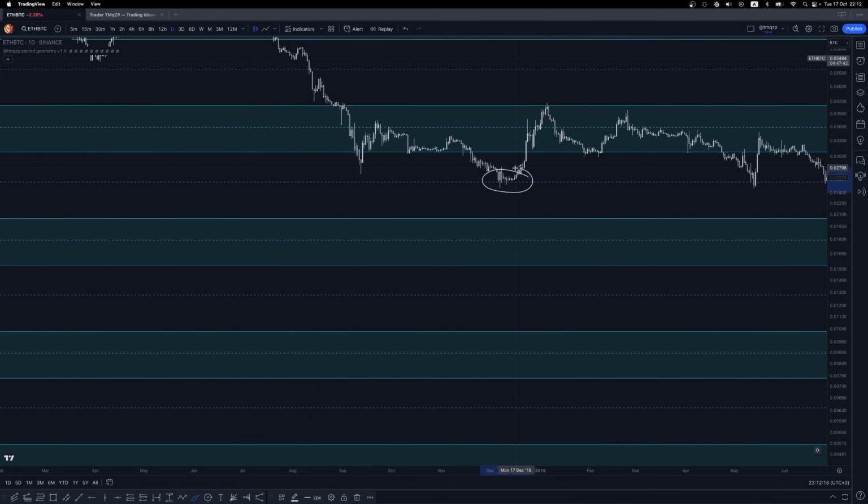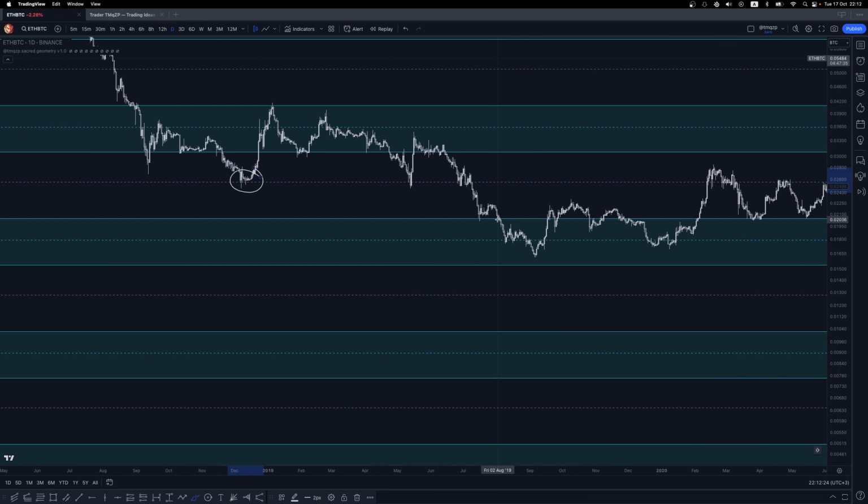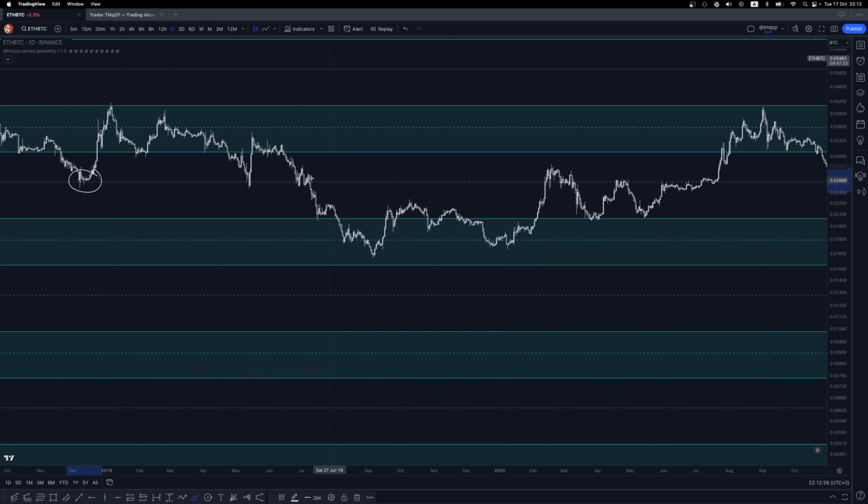And yeah, finds support right in the middle of these 2. You get the idea, right? Which just happens to be a very important line for some reason. Right.